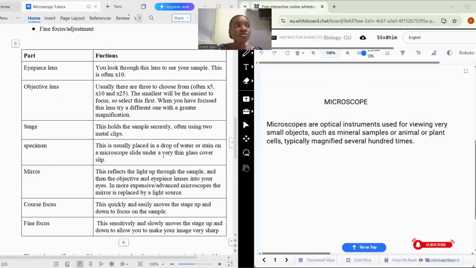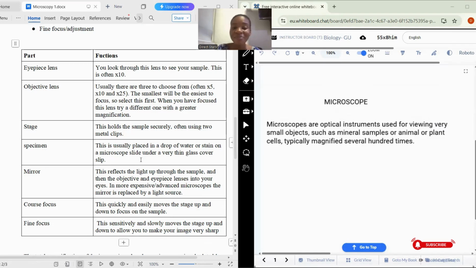So for you to view any specimen, you have to place it in a drop of water or a stain on a microscope slide, and then cover it with a thin glass cover slip for you to be able to view what you want to view.